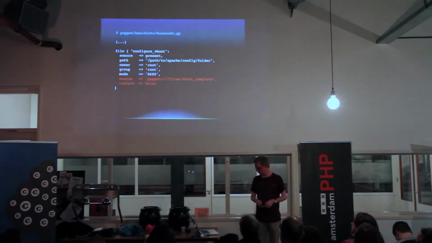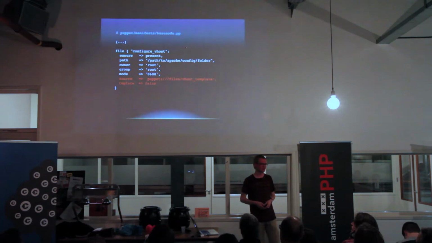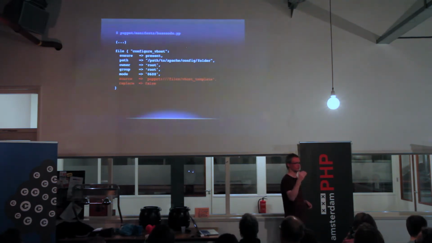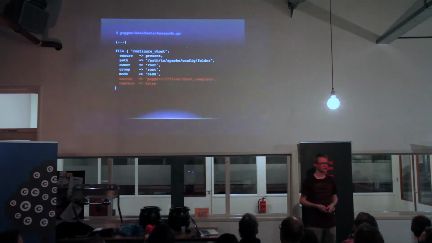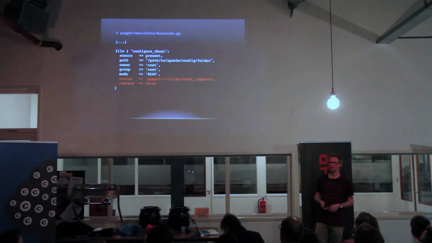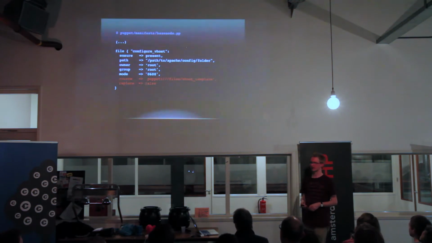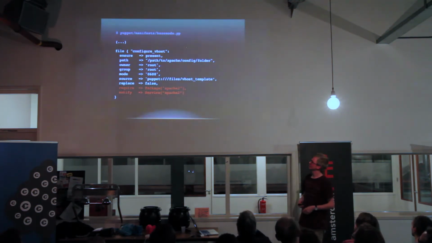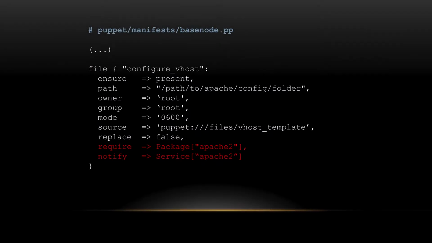The commands are not executed in order of their declaration. Puppet takes everything together and makes its own dependency tree, and you can influence that dependency tree by adding the require or notify parameters.